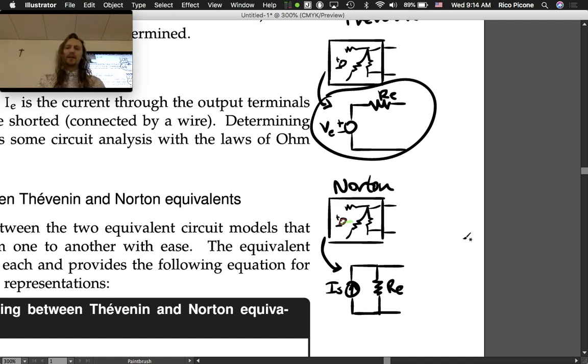And so the next layer to the response is that we will often characterize complicated circuits with these values, especially the equivalent resistance value, and also the equivalent voltage and current sources sometimes.